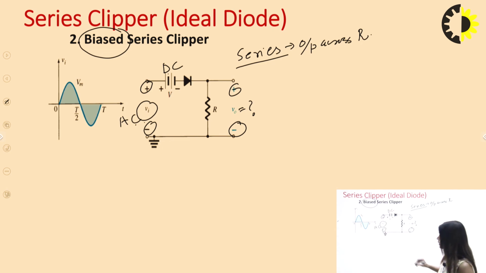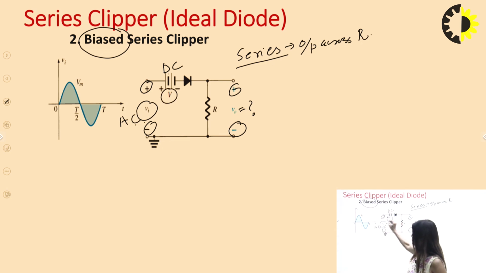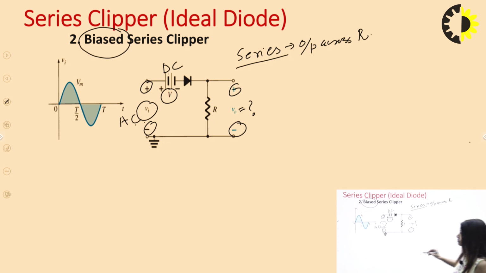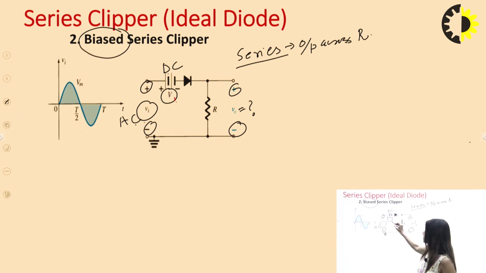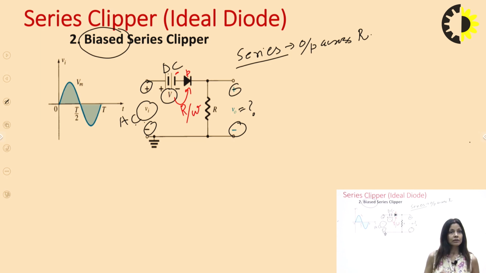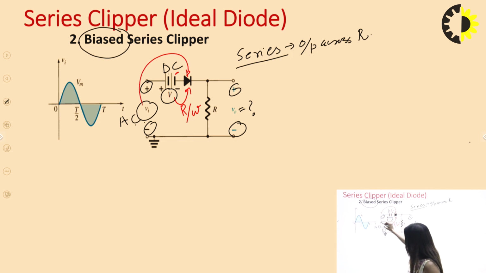We have to find out the voltage, let's say V. Due to this V, the negative terminal is connected to the P side of the diode, so it is getting reverse biased. And due to this Vi, the positive is connected to P and it is getting forward biased.